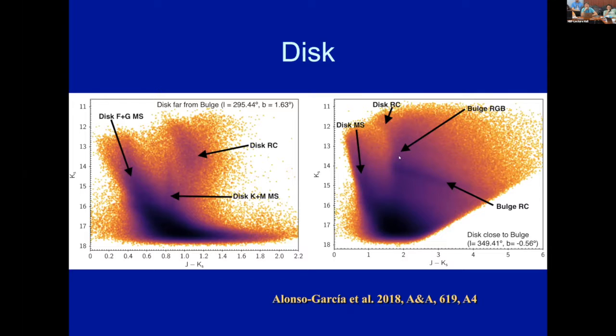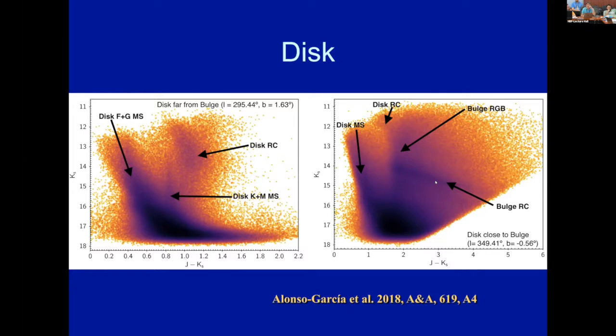The first time, in the paper that we published last year, we claimed that most of these stars were Bulge red giant stars, and that this was mainly the Bulge red clump.